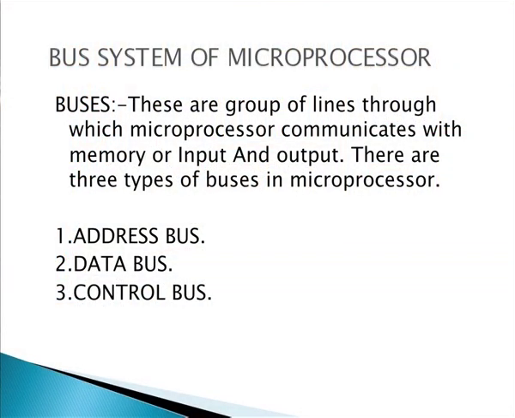Now we come to another important basic term of the microprocessor, that is the bus system of a microprocessor. For each and every microprocessor, there is a specific bus system. Now first of all, let us discuss what is a bus. Buses are the set of lines which are used by the microprocessor for communication with the peripherals or the memory.